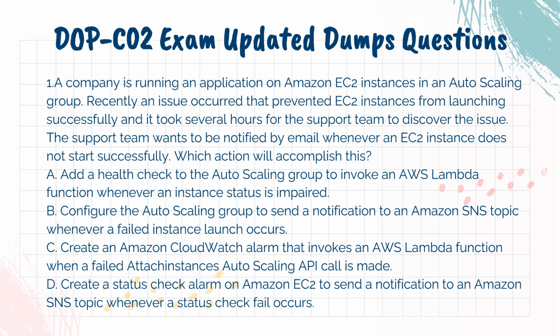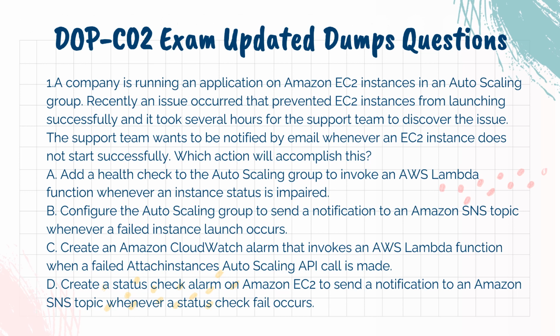A. Add a health check to the Auto Scaling group to invoke an AWS Lambda function whenever an instance status is impaired. B. Configure the Auto Scaling group to send a notification to an Amazon SNS topic whenever a failed instance launch occurs.